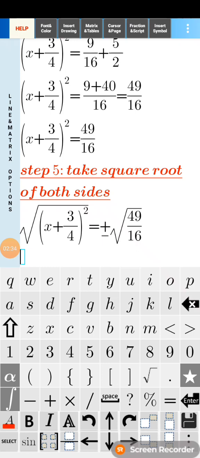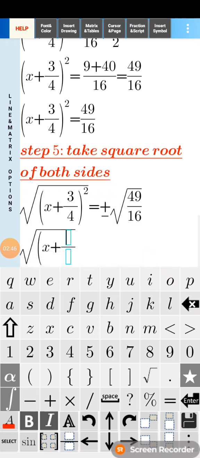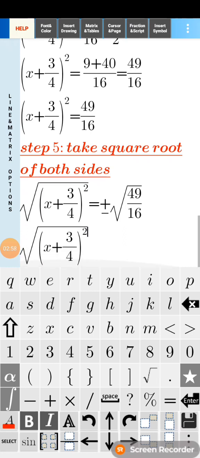So I'll select my root again. Root open bracket x plus 3 over 4 close brackets raised to power 2. Now let me simplify this one.